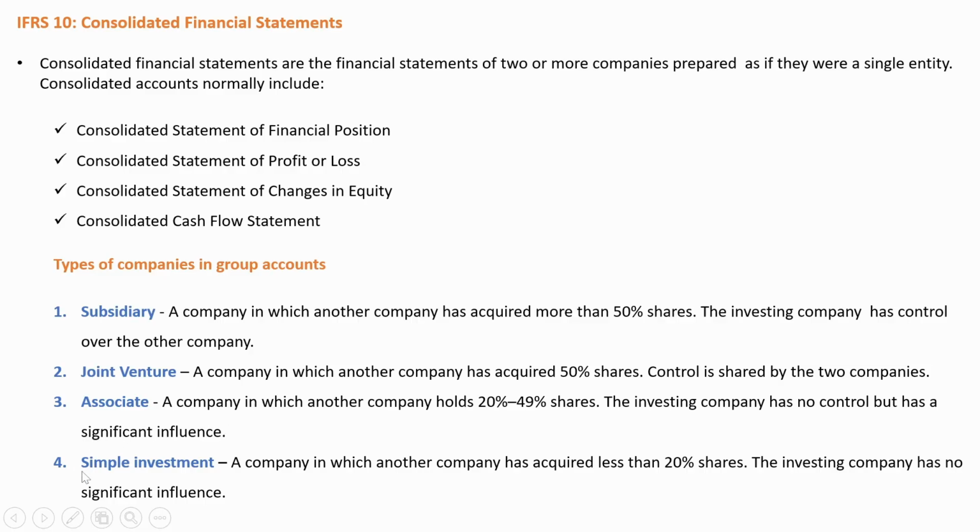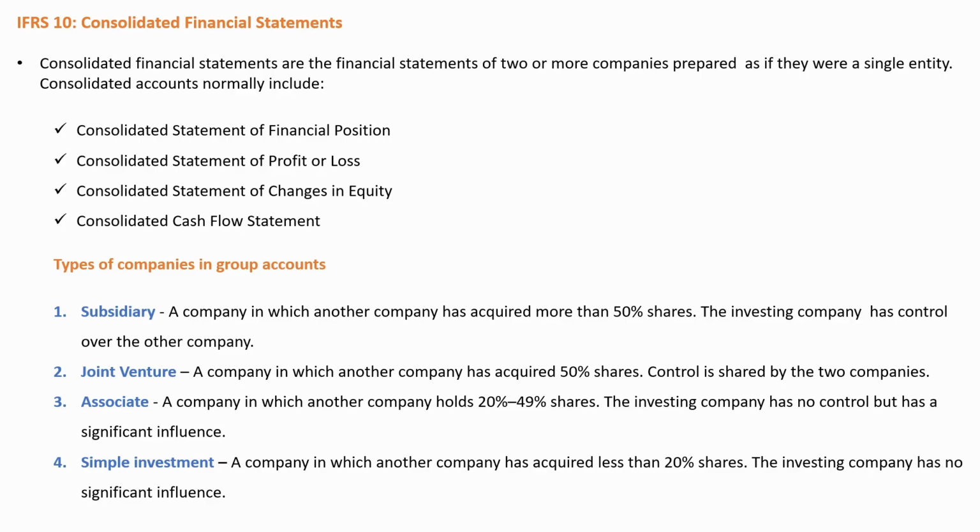Then the fourth one is called a simple investment. This is a company in which another company has acquired less than 20% shares. The investing company has no significant influence. The majority of investments usually fall under this category: simple investment, where the company has no control and no significant influence.